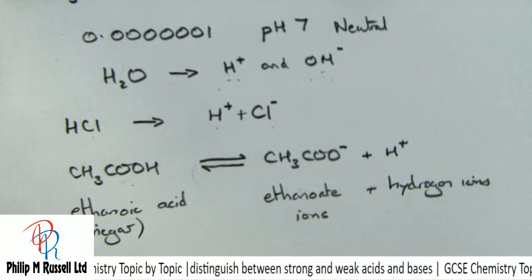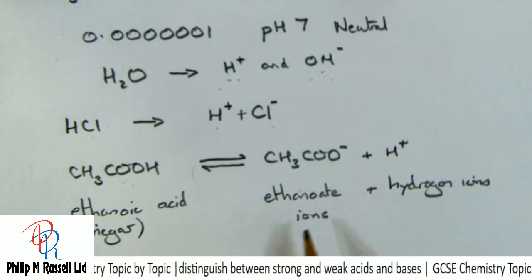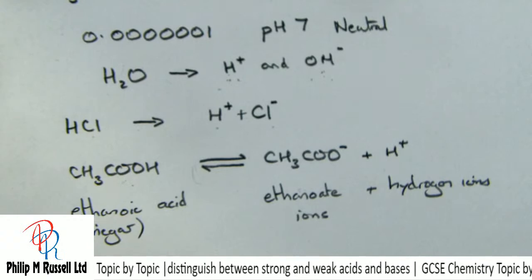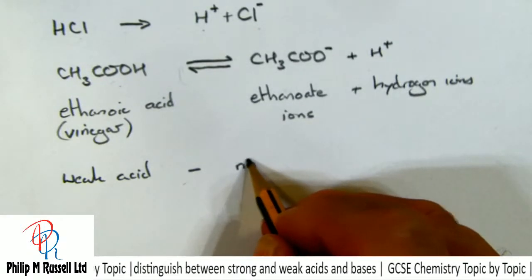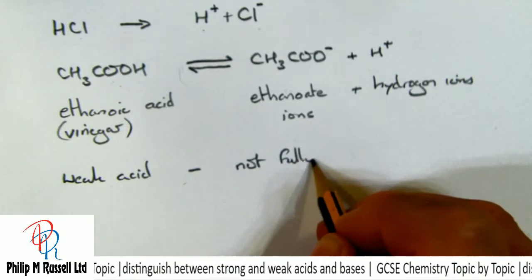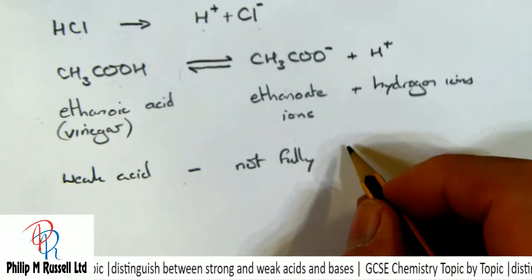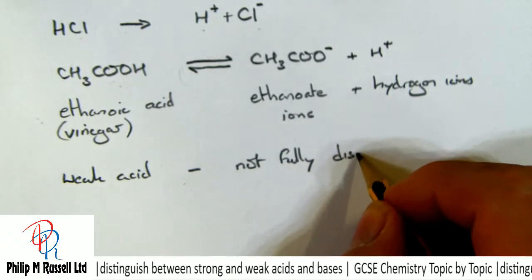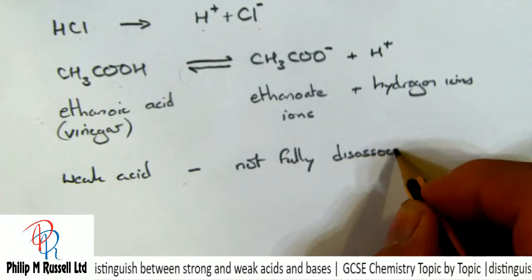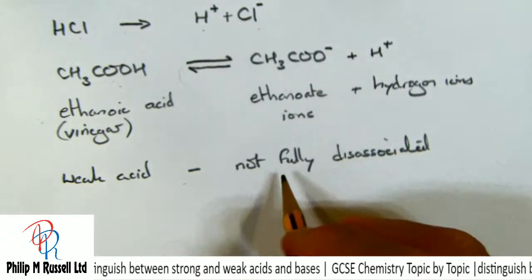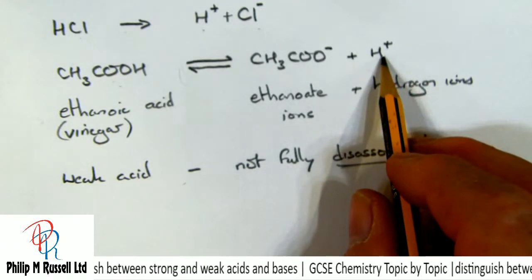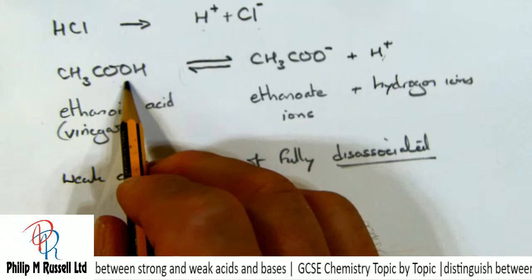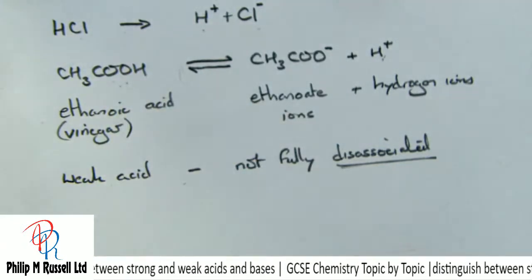So we see then with a weak acid, basically we can say that it is not fully disassociated. What a big horrible word. It means that all the hydrogen ions haven't been released, that some are still held up in this form.